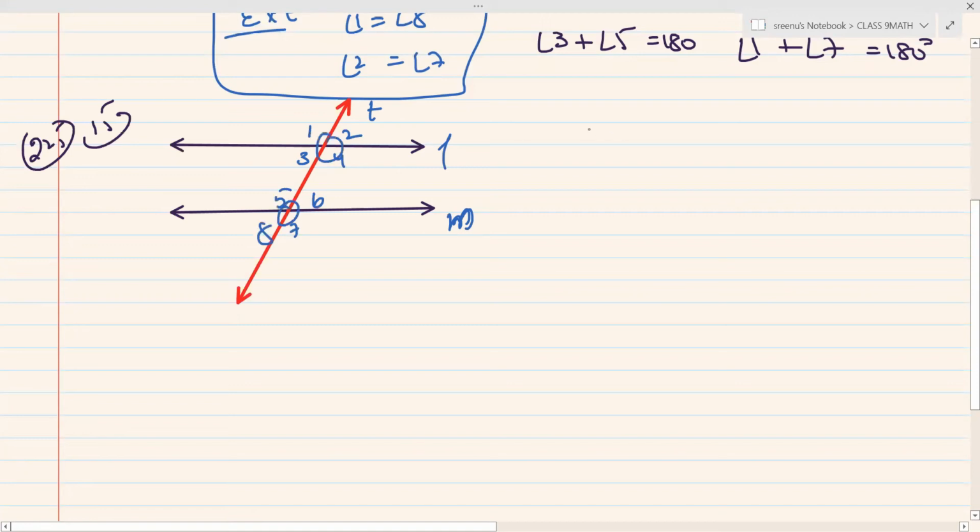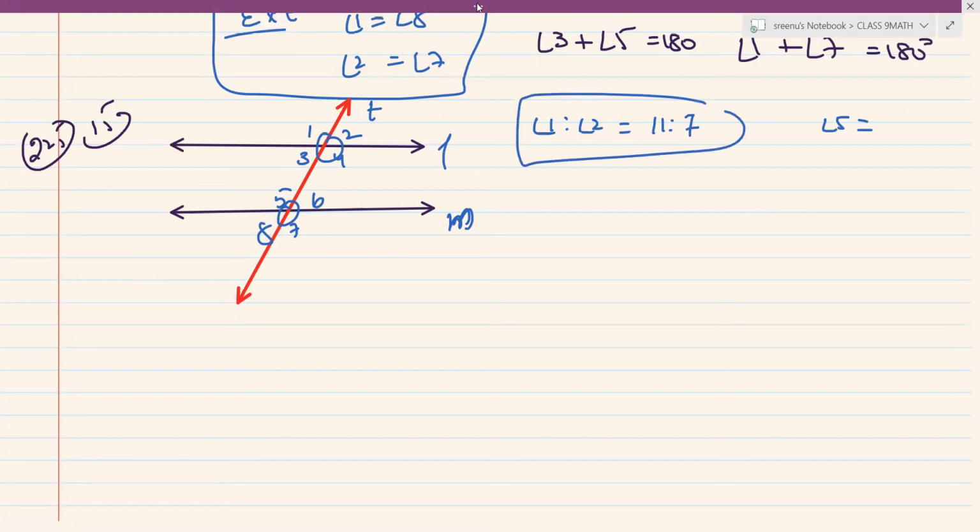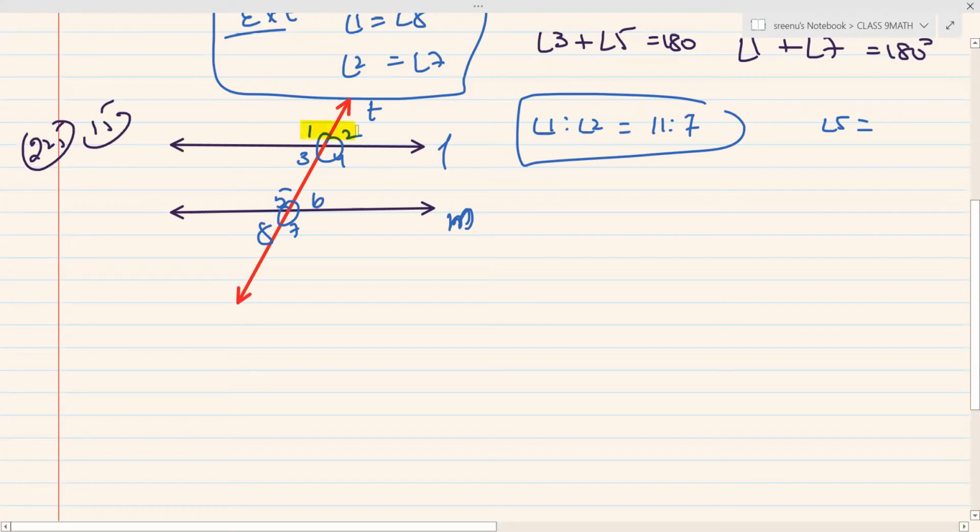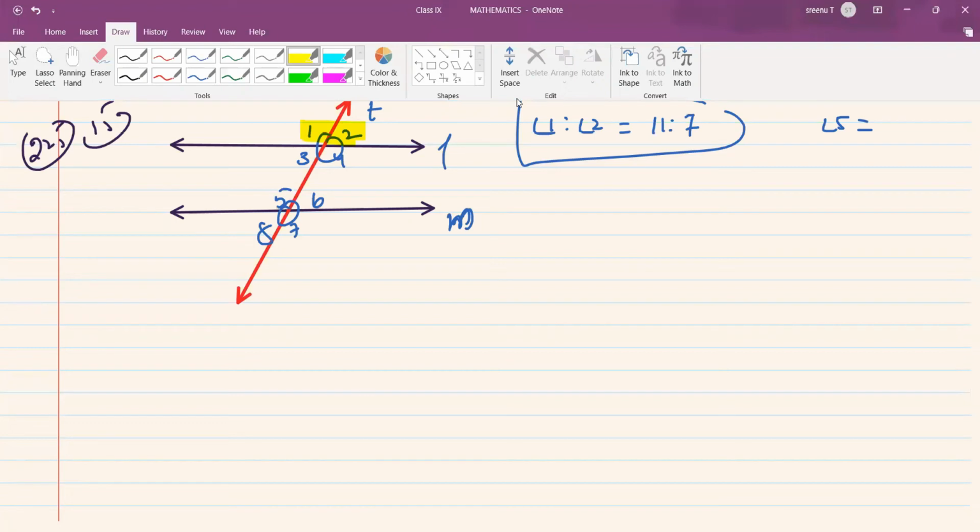So the ratio of 1 and 2 is given as 11:7. We are asked to find angle 5. What is the relation between 1 and 2? What can you say about 1 and 2 generally? Linear, sir. So 1 plus 2 is 180.